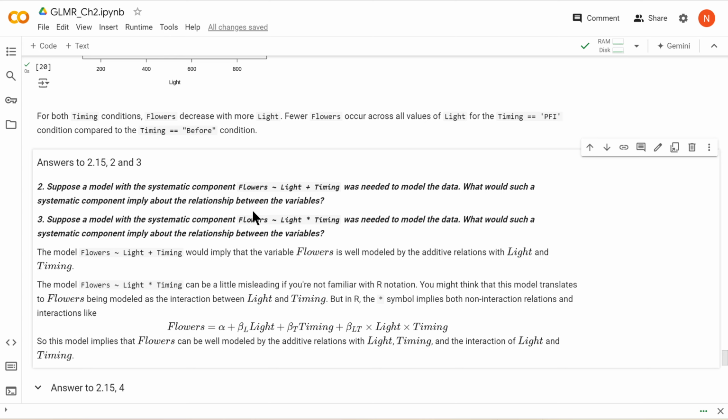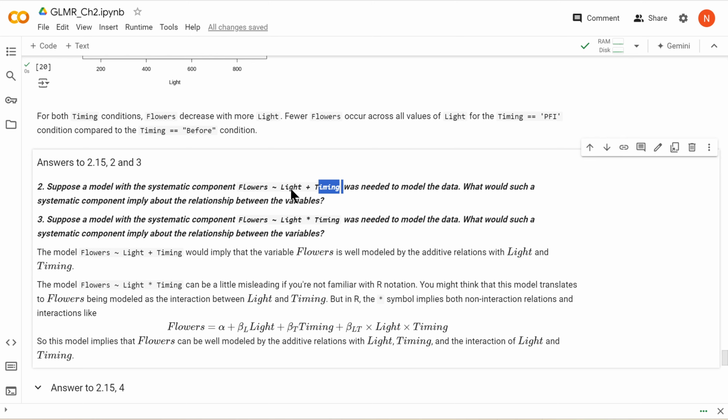Okay, so first we'll look at flowers being regressed on light plus timing. Okay, so this would imply that flowers, the outcome variable, is just modeled by an additive relationship between light and timing. That's all. Pretty basic.